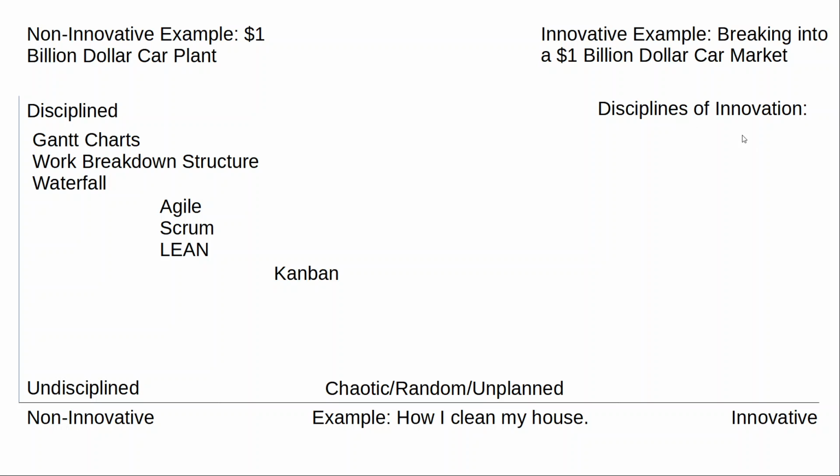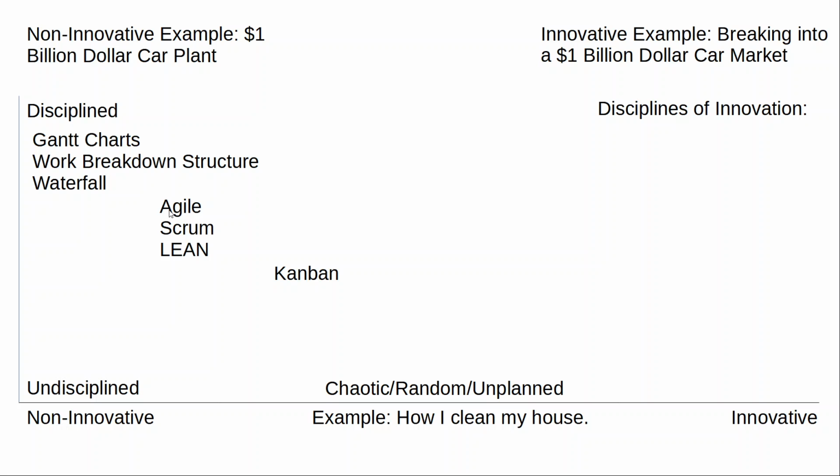Now, the disciplines of innovation, by the way, are completely across the chart from the disciplines of non-innovation. There is almost no combination. The disciplines over here are going to be almost completely opposites in a way, and different. It's completely different than what you have here. They're not even remotely similar.